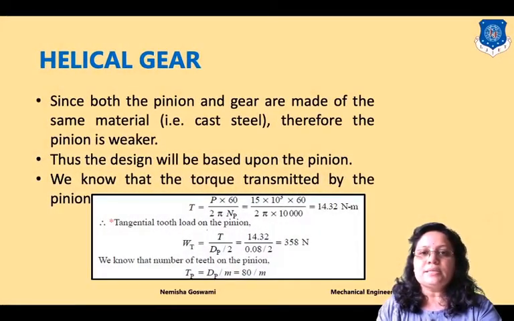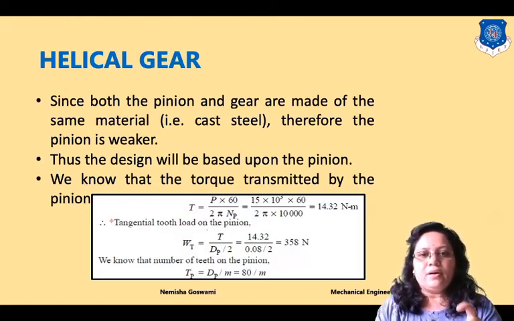So what is the procedure? First of all, both gear and pinion are made of the same material, okay? When both the gears are made of the same material, we always consider that the pinion is weaker. So remember one thing, if both gear and pinion are made of the same material, which one will be the weaker?